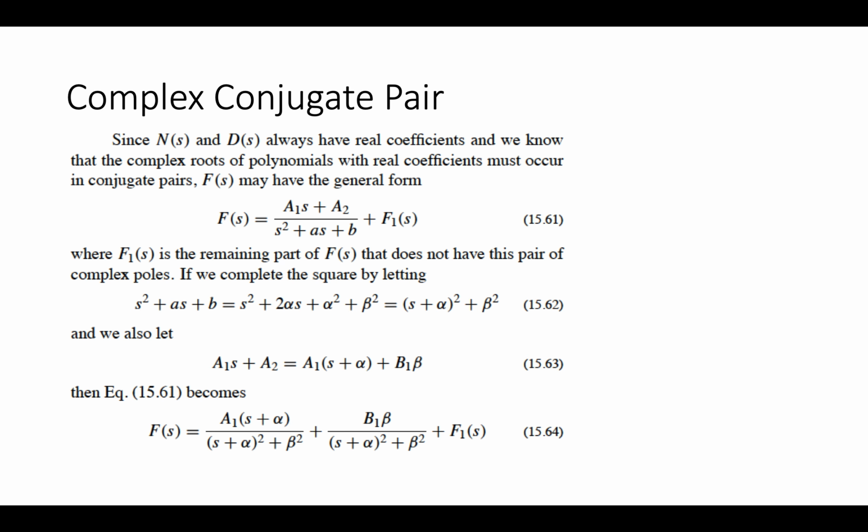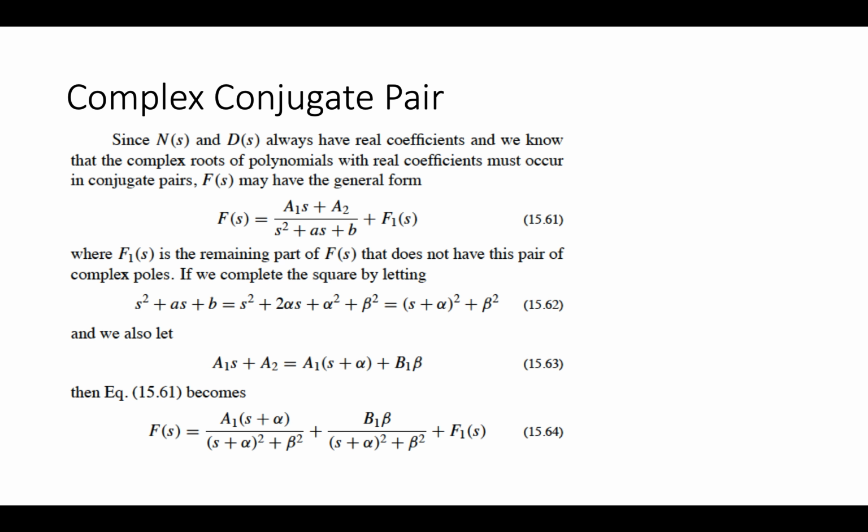If you do have complex conjugate pairs, then the easiest thing to do in the partial fraction expansion is to leave the denominator as a squared term and realize that the numerator will have to have a term in s. So you would take your s squared plus as plus b, and in the numerator you would write a1 s plus a2, and then you have the rest of the function being expanded. So F1 of s is the remaining part of the function that didn't have the pair of complex conjugate roots.